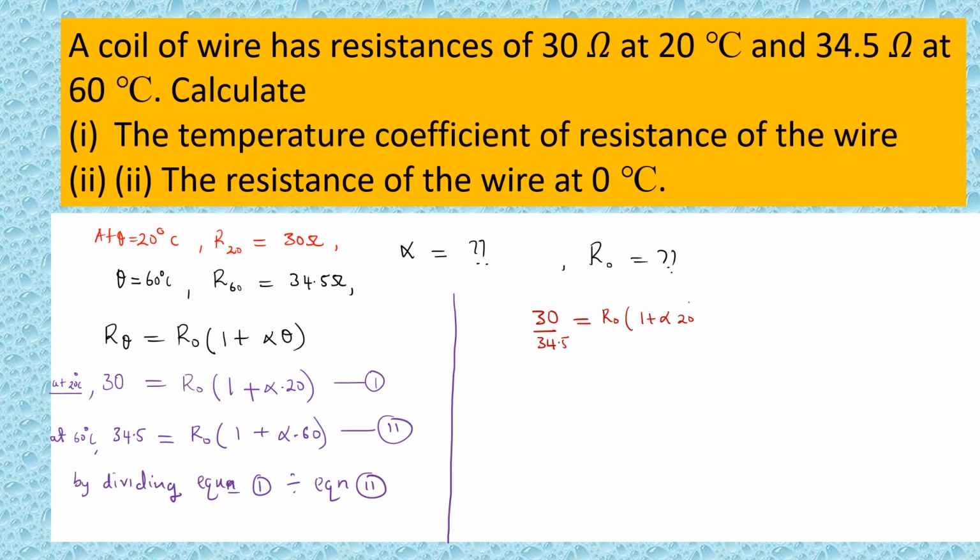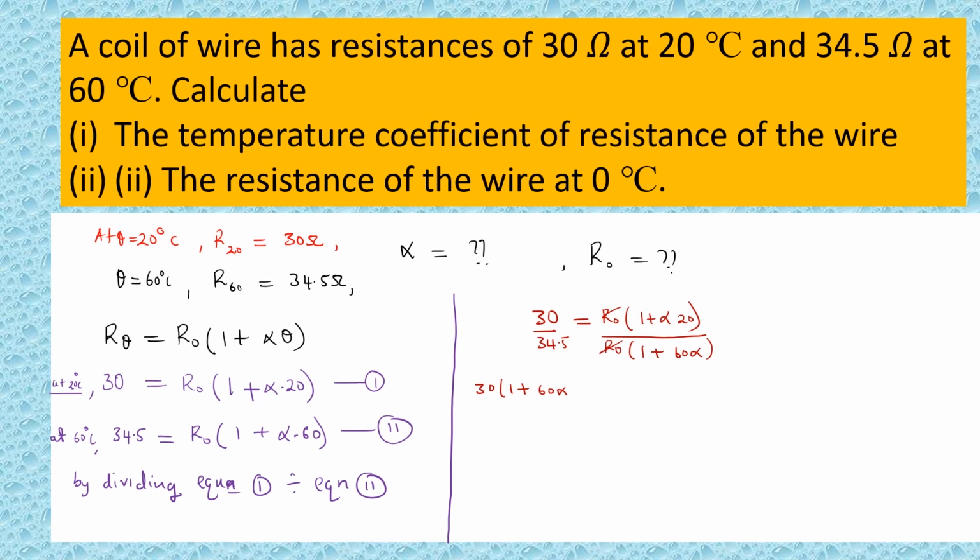R0 cancels with that R0, and then we can cross multiply. When you cross multiply, you have 30 into 1 plus 60 alpha being equal to 34.5 into 1 plus 20 alpha.